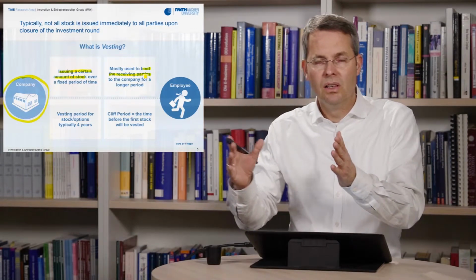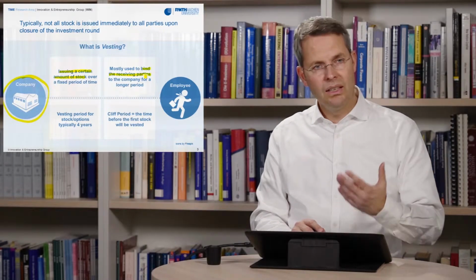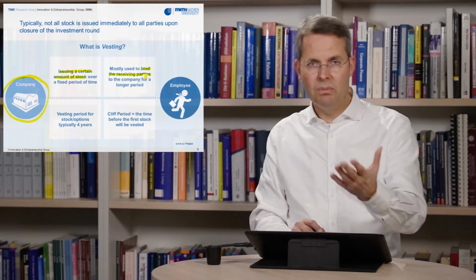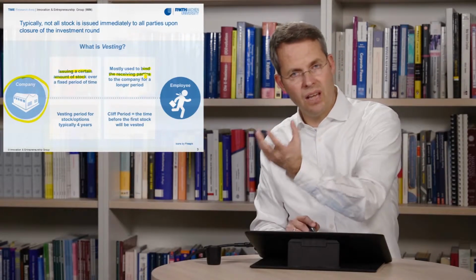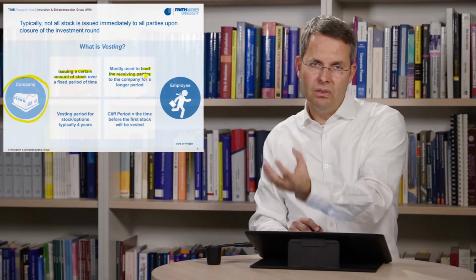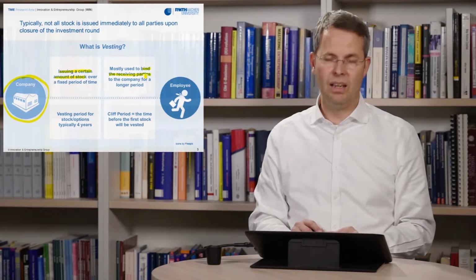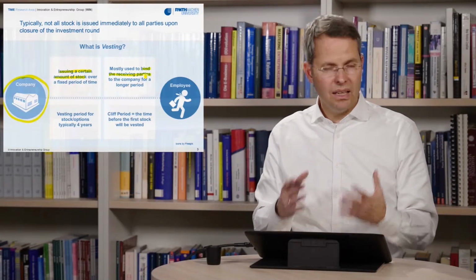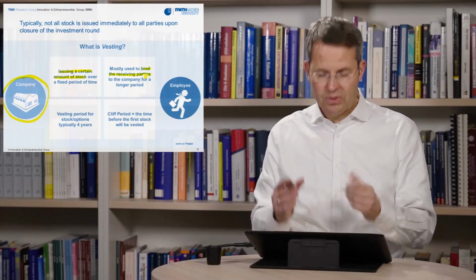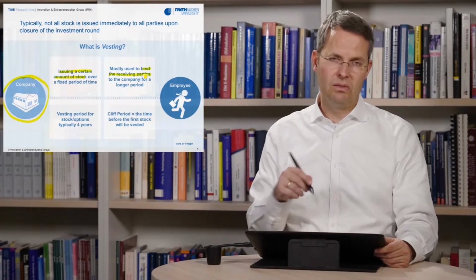If you have key employees as an entrepreneur and you give them a work contract and say, besides the work contract, you also get stock options, I want you to be with me over a certain period of time. And this is where vesting comes in, because it helps you to bind the receiving party to the agreement.